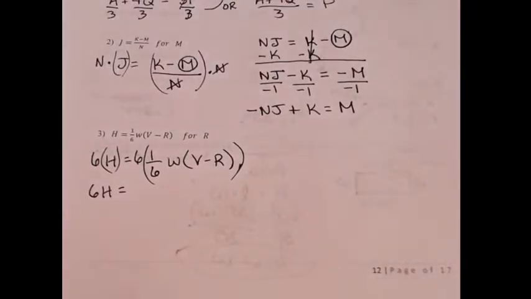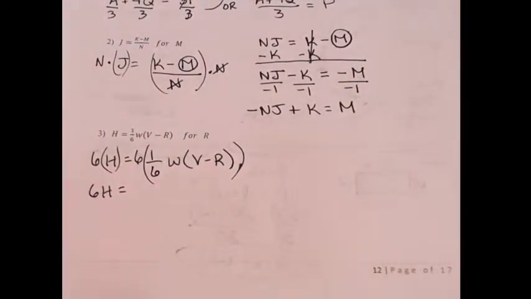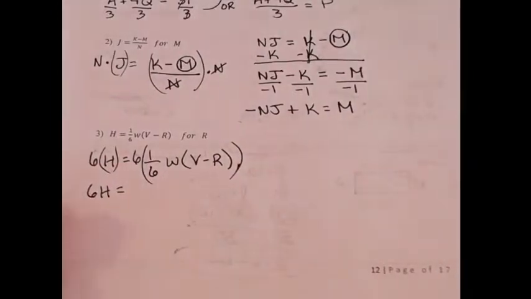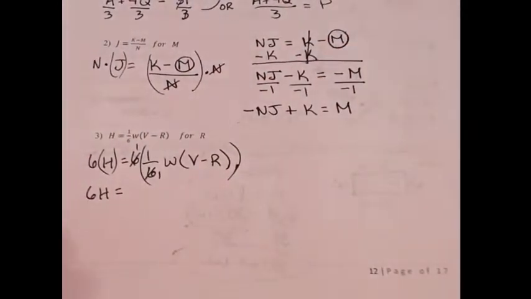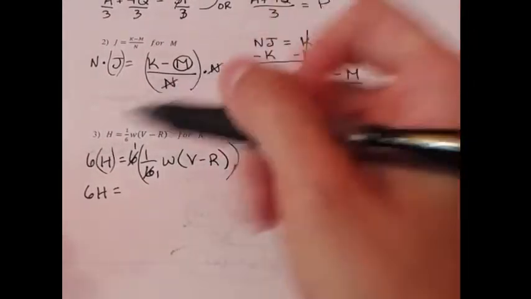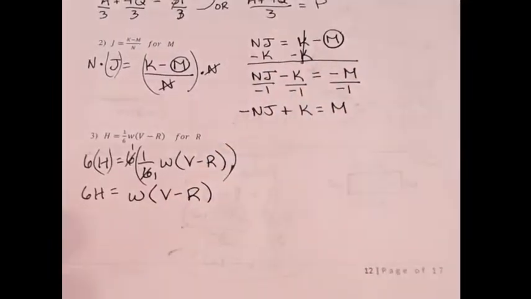And notice that because this is one term, and I'm multiplying by 6, I can say, oh, well, 6 is in the numerator, 6 is in the denominator. These are going to cancel each other out, leaving us with 1s. And then we have 1 times w is simply w times v minus r.